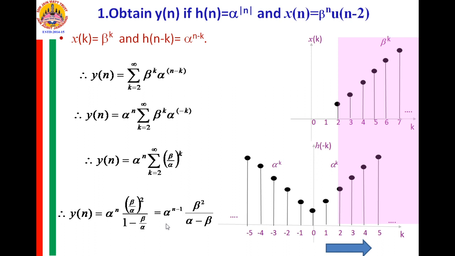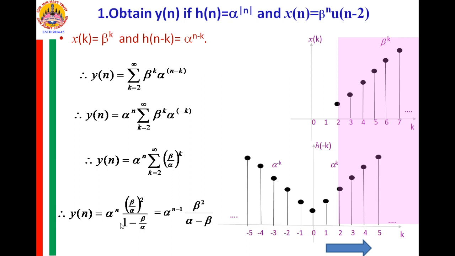And then it is equal to alpha, if I take 1 by alpha common outside. So alpha, if you multiply inside this bracket by alpha and the numerator by alpha, you will get alpha raised to n minus 1 beta square upon alpha minus beta.